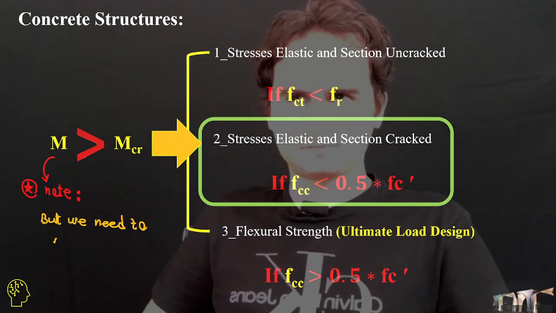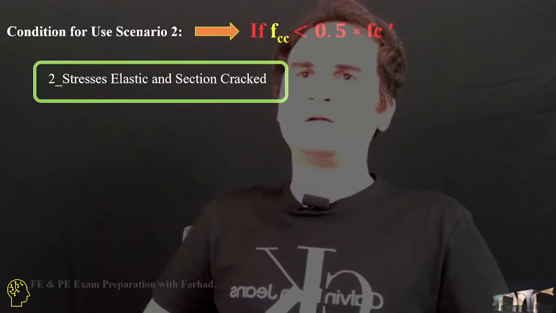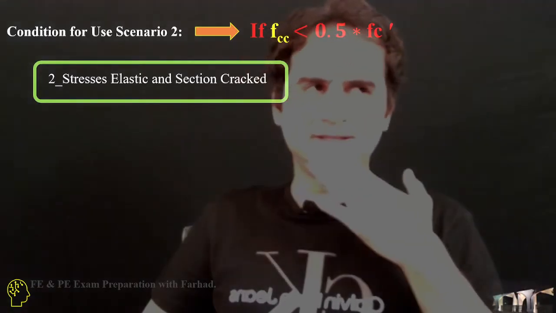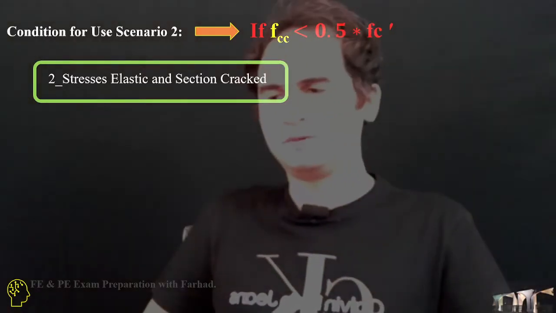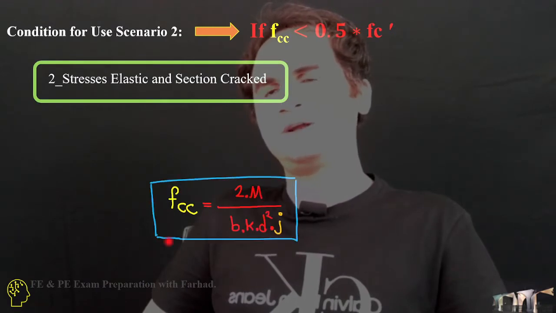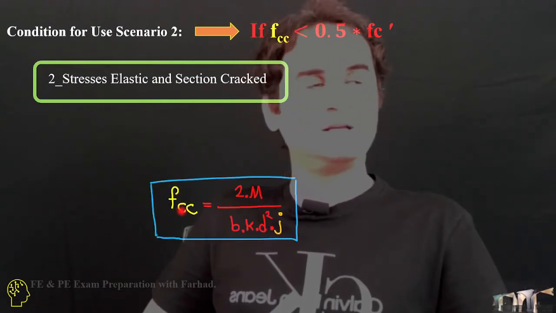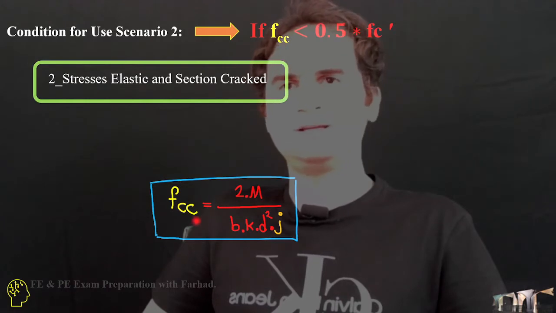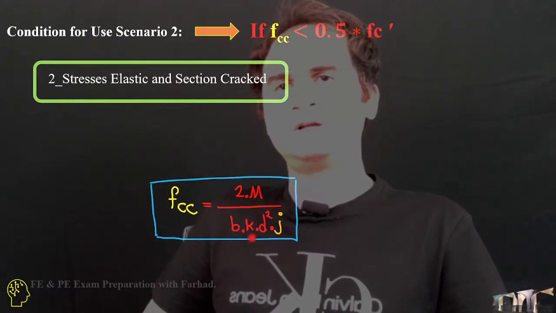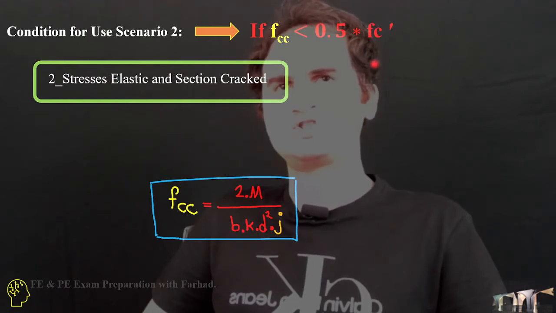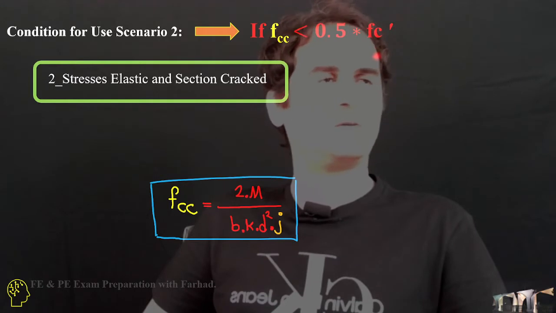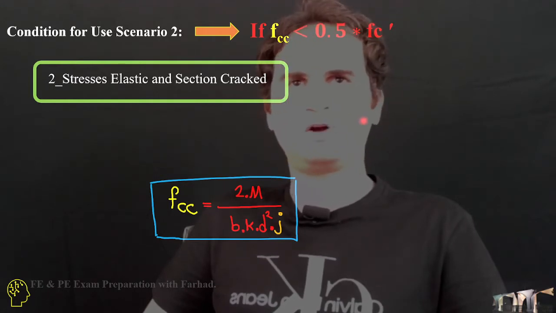That is what we reviewed and calculated in the previous problem in brief. We verify that the compressive stress in concrete, 2M over b times kd squared times j, is less than half of the compressive strength of concrete, f prime c.